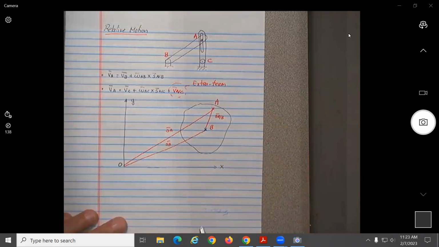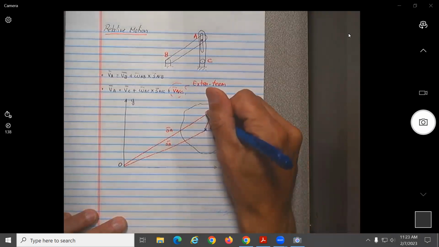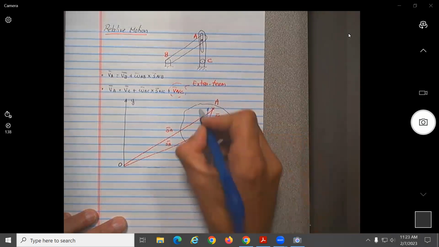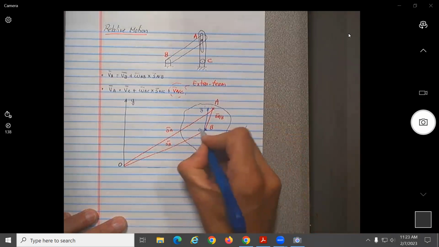But I'm going to add one more thing over here, a new reference frame that we're going to call X prime, Y prime, O prime.